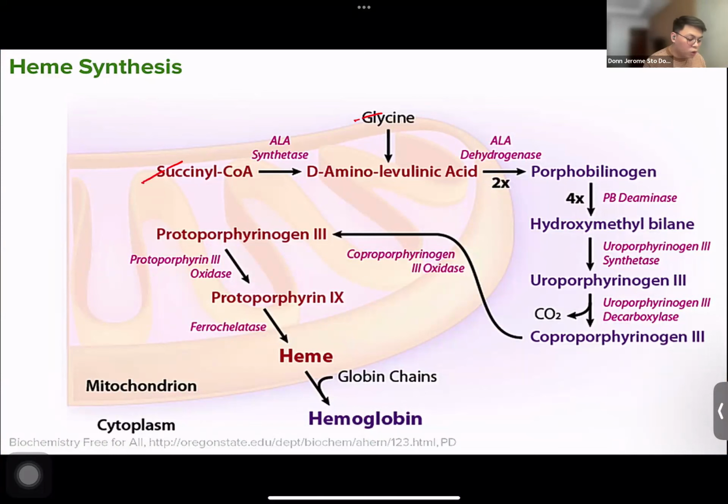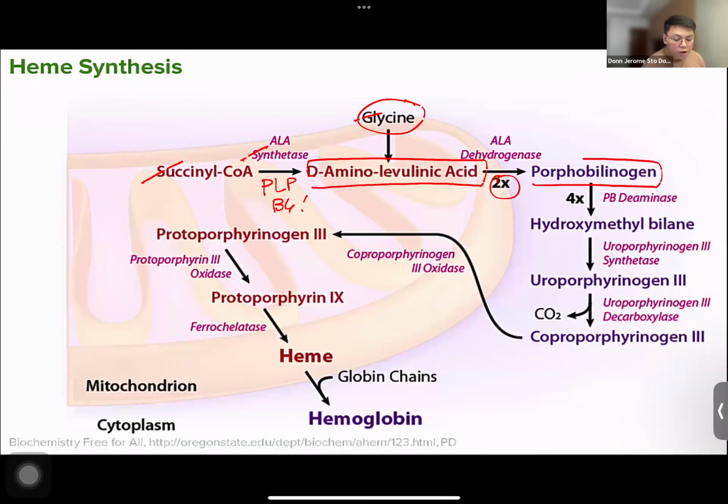Succinyl-CoA would condense with glycine in the mitochondria to form your D-ALA with the help of the enzyme ALA synthase, the rate-limiting enzyme, requiring pyridoxal phosphate derived from vitamin B6. Two molecules of ALA would go outside of the mitochondria to form the first precursor pyrrole, porphobilinogen, with the help of the enzyme ALA dehydratase or ALA dehydrogenase.